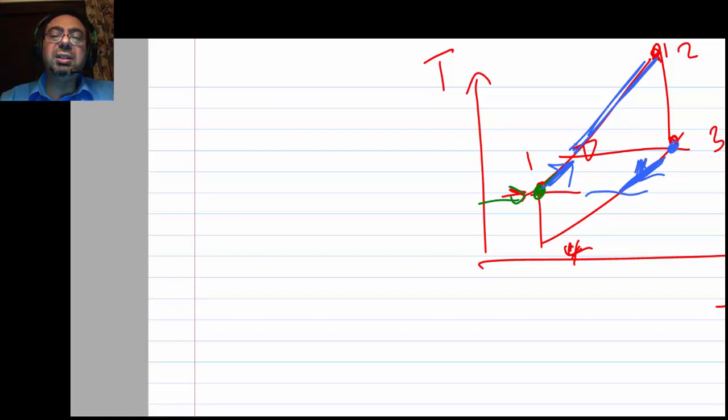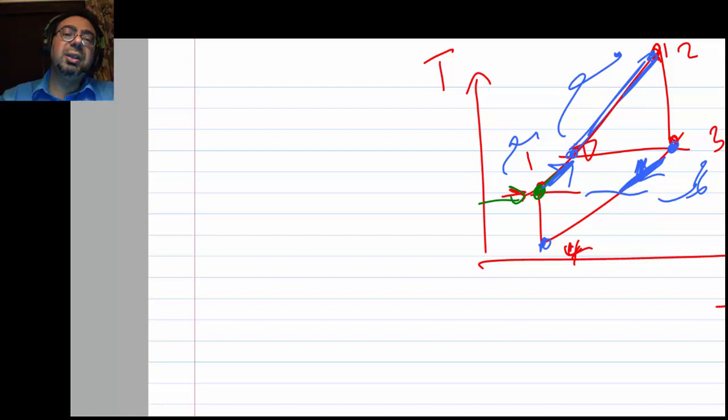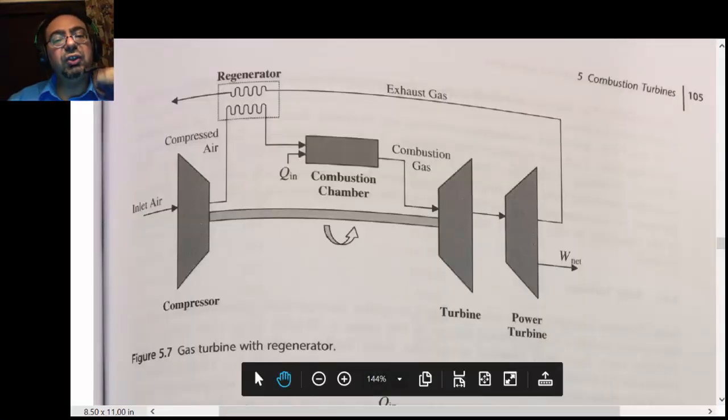Then you are saving the fuel. The fuel will just have to heat this part, and this part is done for free because anyway I was going to cool my gas before I send it back again to the compressor. So that is the point behind this regeneration cycle.